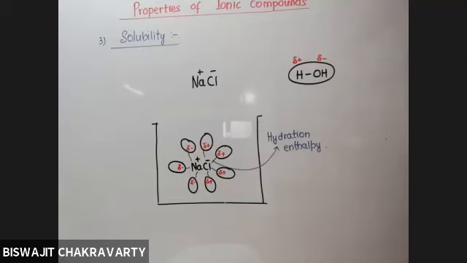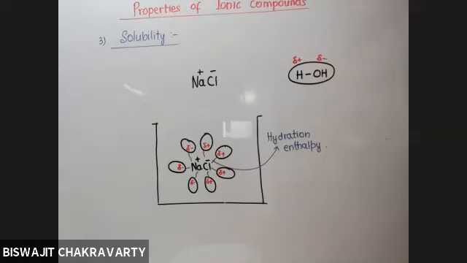And in the same way, the Na+ and Cl-, when they formed the bond, they promised each other that they are not going to depart because the bonding is very strong. But the moment they get into water, the water molecules easily dissolve them by supplying sufficient amount of energy, whatever is required to depart them.